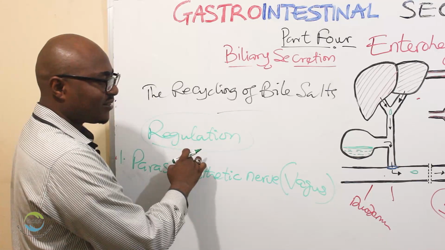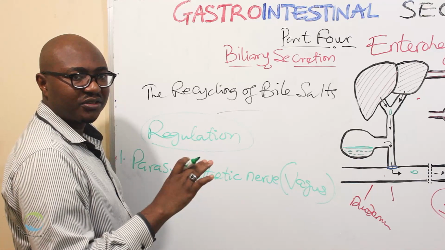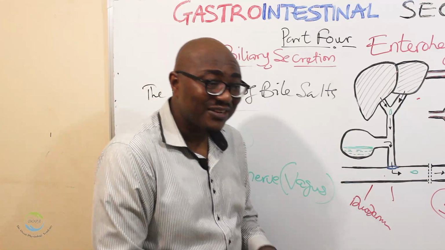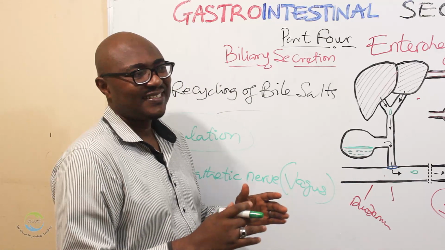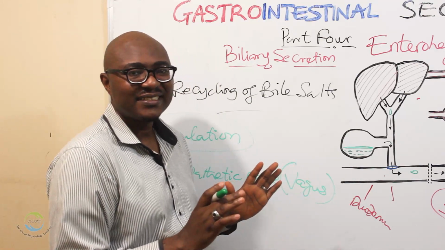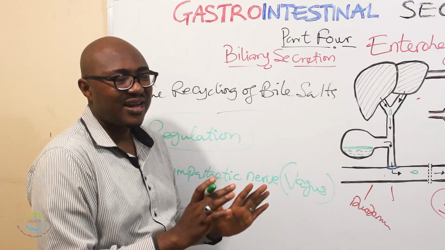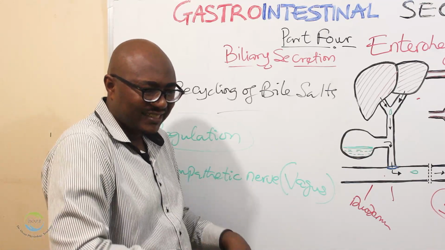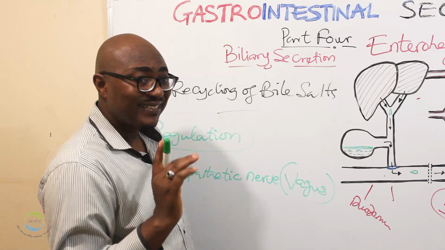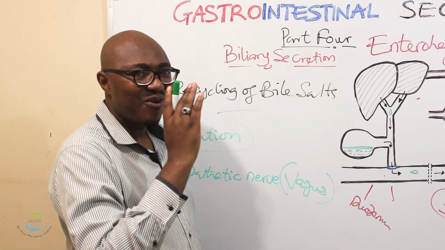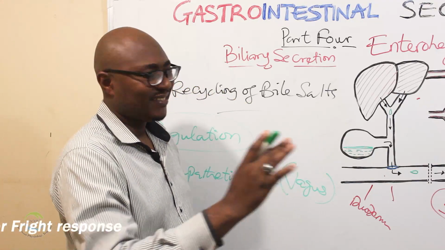It stimulates biliary secretion. And that's why the parasympathetic nervous system, we usually call it the rest and digest function. When you're at rest, then digest. Why sympathetic? It's called what? If you can remember, fright or flight.